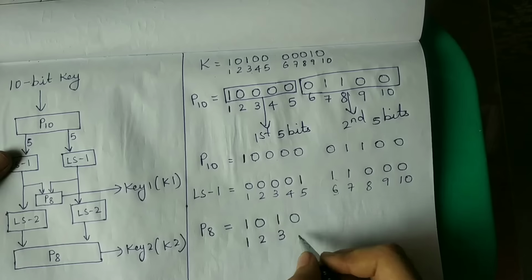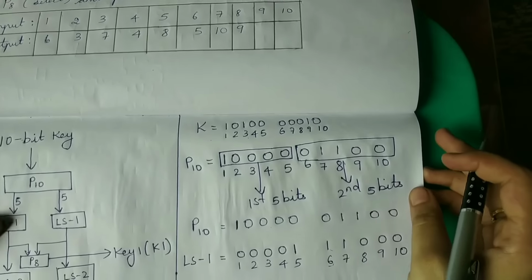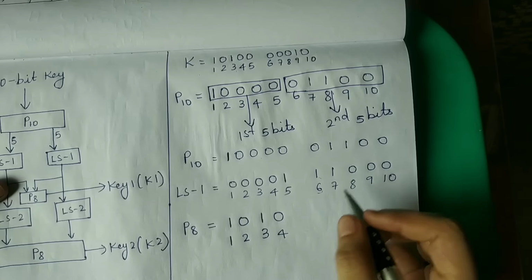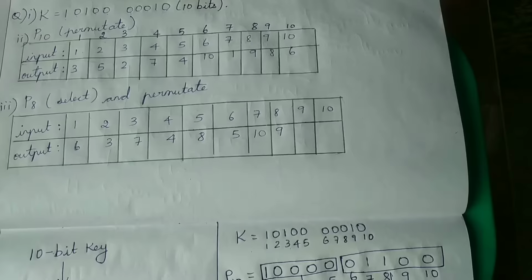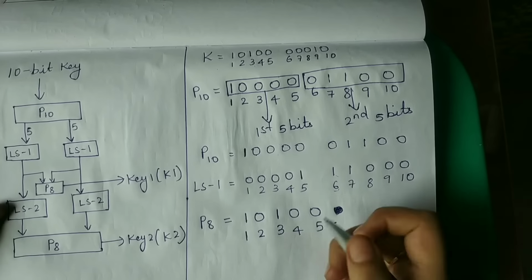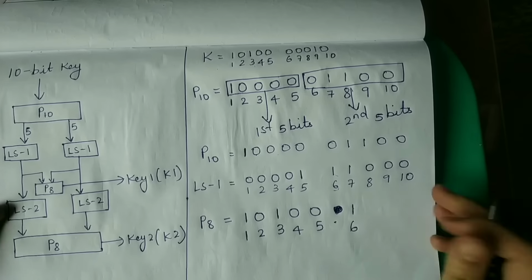So 0 to 4. Next it is 8 to 5. Eighth bit is 0. So 0 to 5. Next it is 5 to 6. The fifth bit is 1. So 1 will come to 6.